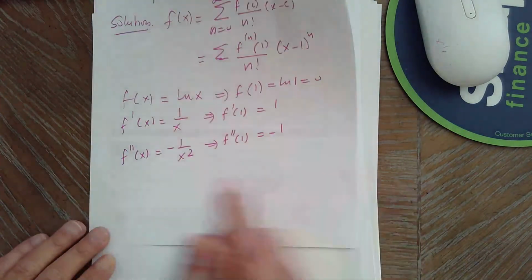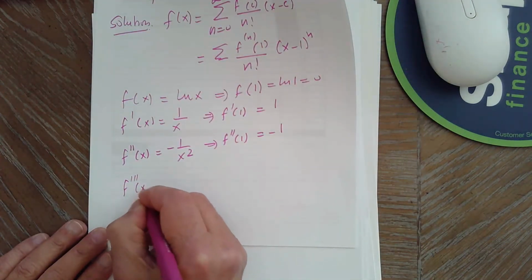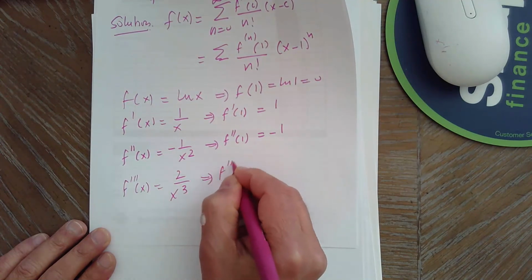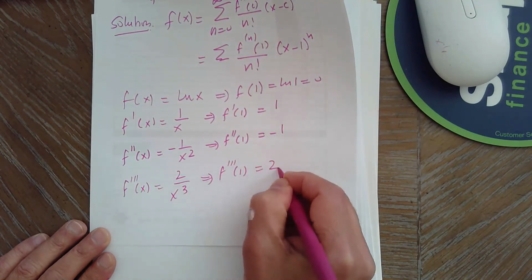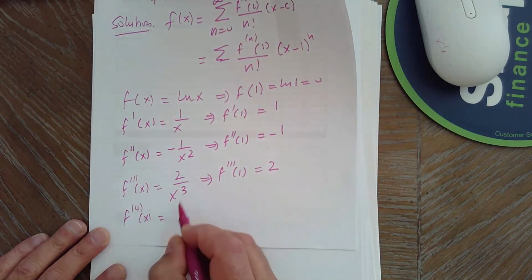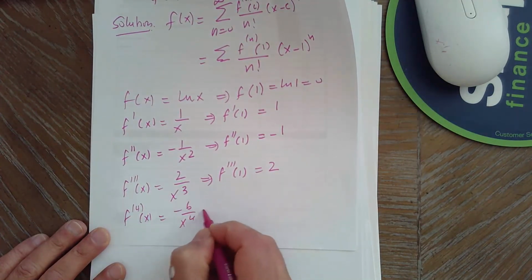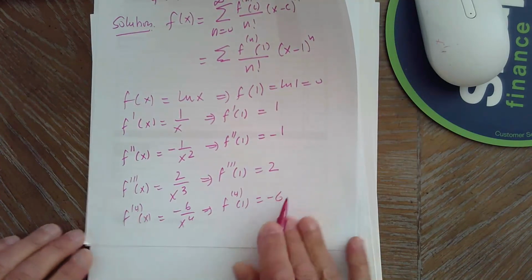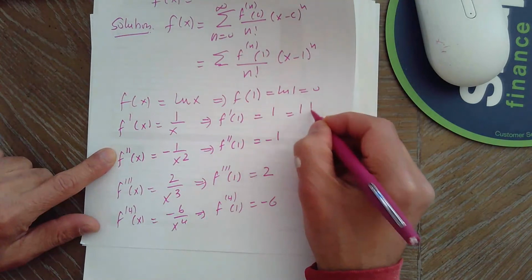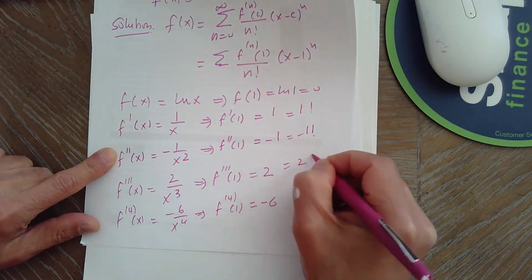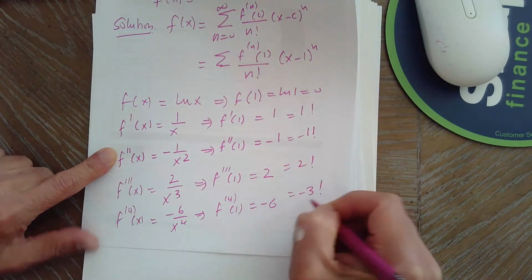Third derivative at x is 2 over x cubed. Third derivative at 1 is 2. Fourth derivative, we want to find a pattern, so it's negative 6 over x to the 4. Fourth derivative at 1 is negative 6. So you can see 1 is 1 factorial, negative 1 factorial, 2 factorial, negative 3 factorial.